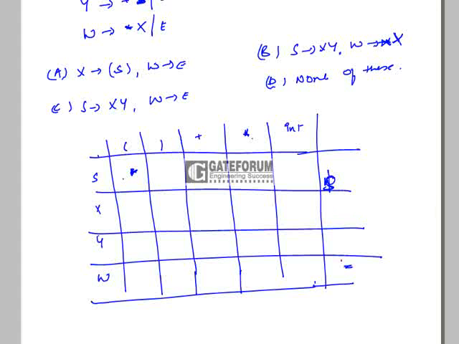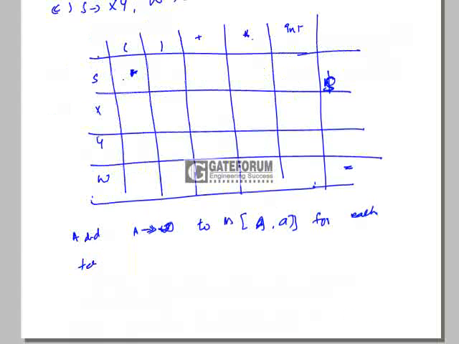So while constructing the LL(1) parsing table, the algorithm is: add A gives alpha to M of A comma a for each terminal a in first of alpha.